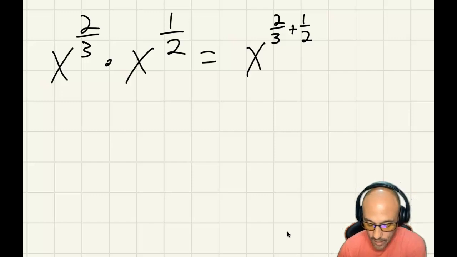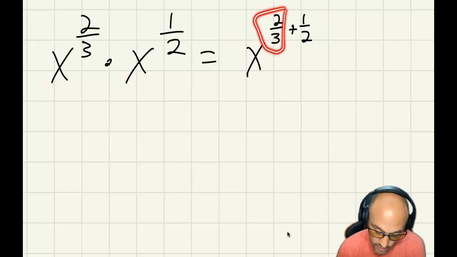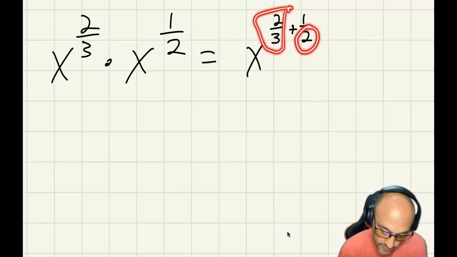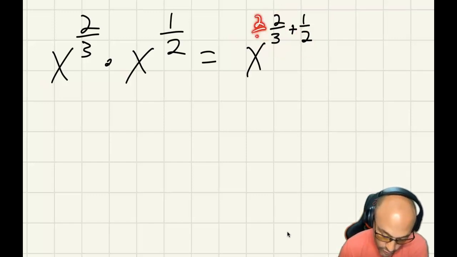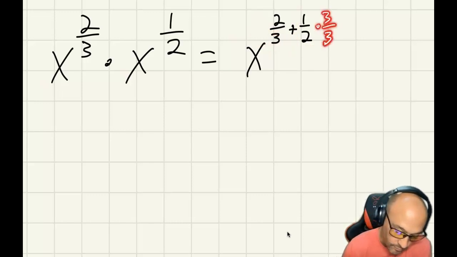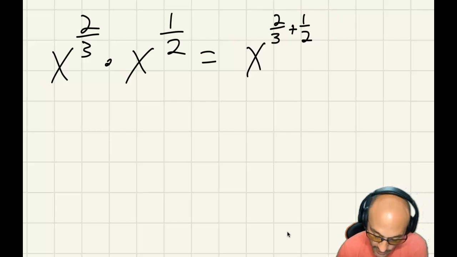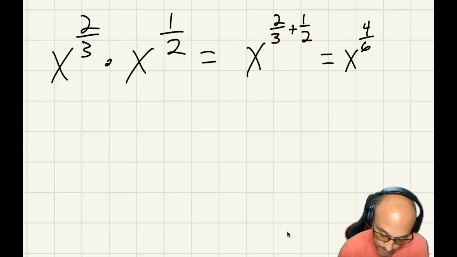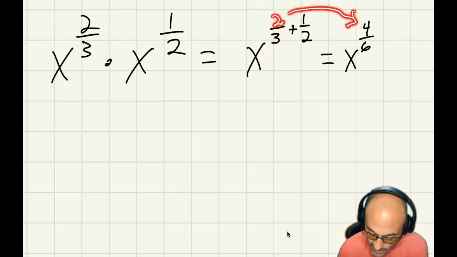And the common denominator we can get by multiplying this fraction by the denominator over itself, 2 over 2. And we multiply this fraction by this denominator over itself, 3 over 3. So what we'll get is x to the 4/6, because we did 2 times 2 is 4, and 3 times 2 is 6.